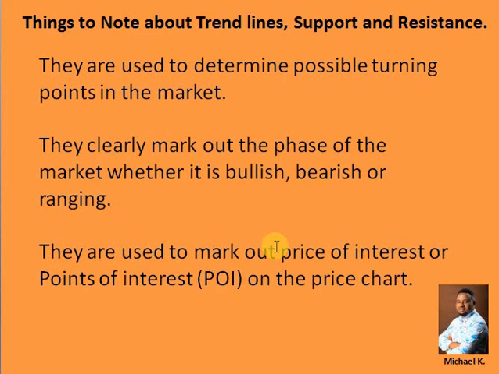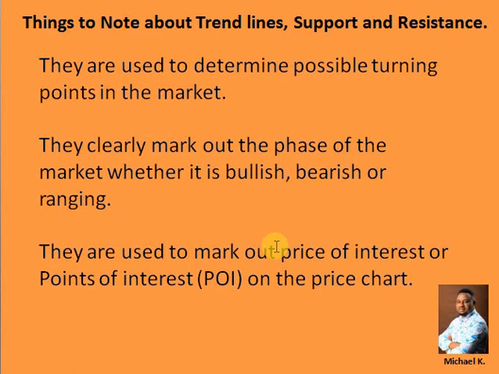They clearly mark out the phase of the market, whether it is in a bullish, bearish, or ranging phase. Support and resistance and the trend line tell you whether a market is ranging, bullish, or bearish. They are used to mark out prices of interest or points of interest on the chart.